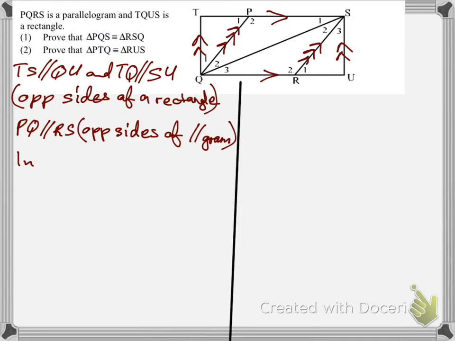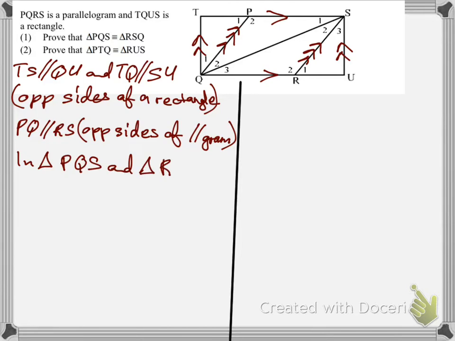So there you see we're using all the information given. They told us that PQRS is a parallelogram, and then they told us that TQUS is a rectangle. So we're using the properties of those shapes to fill in the diagram so that it can make sense to us once we start answering the question. Going further on, we can see that now we can go to the triangles and do the proofs.